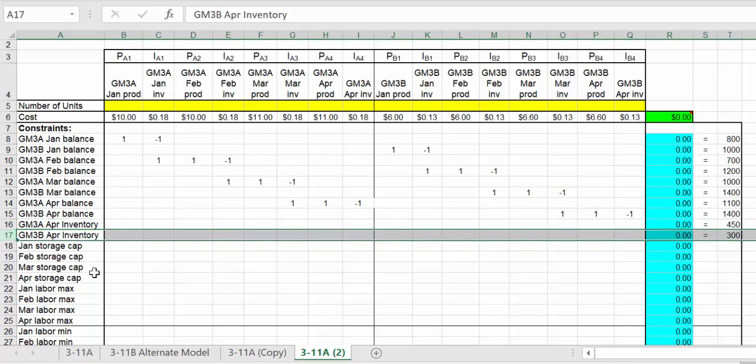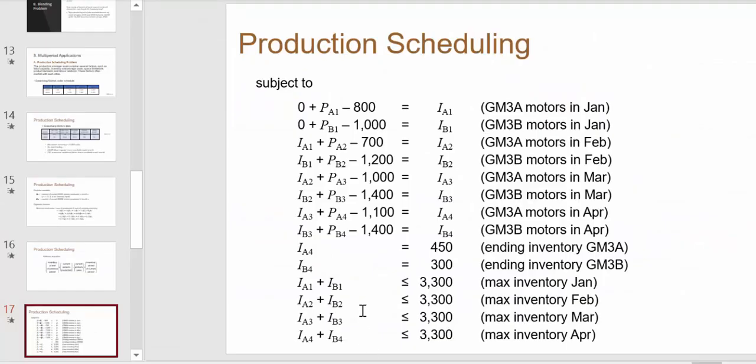Now we have some capacity for storage, in terms of how much we have for each. So let's take a look. Here's our maximum inventory, it's 3,300, and it's the combination of the two products. This is saying that it can add up to 3,300 or any number below, but 3,400, that's not going to fly.